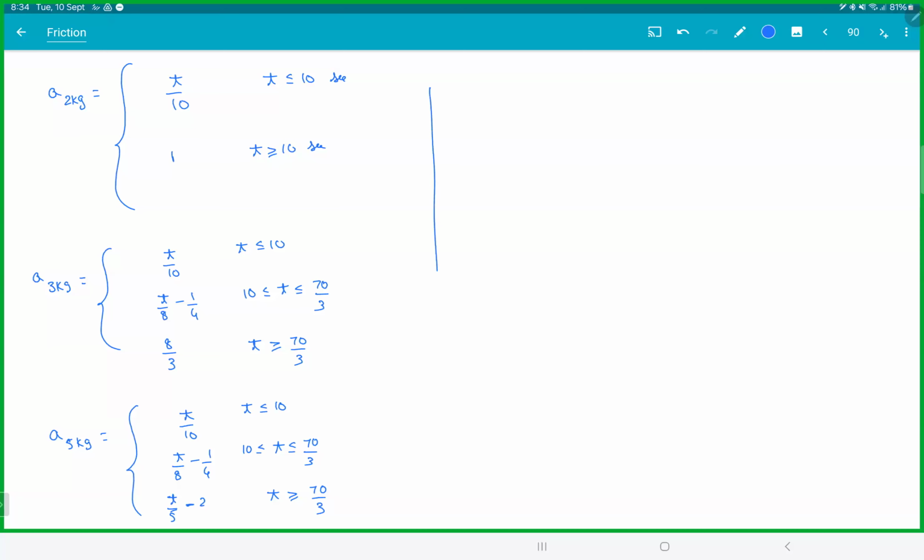Now, if I plot the a-t graph, first 10 seconds, this is your 2 kg. This is theta 1.